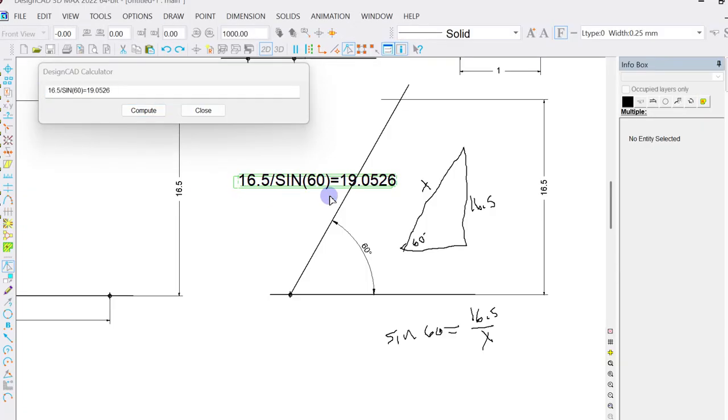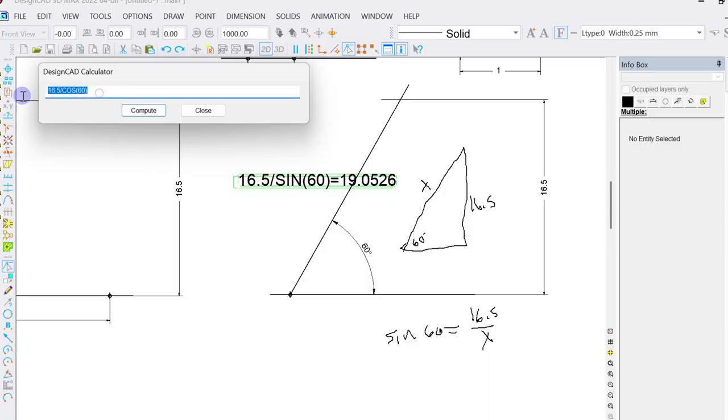So you already know this one, but you don't know this one. You're going to need to have a point there. So you're going to use the cosine. It's going to be the same way because the x is in the same spot. This over this is the sine. This over this is the cosine. So it's going to be 16.5 divided by cosine 60.